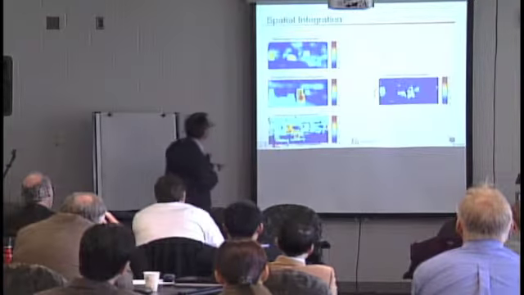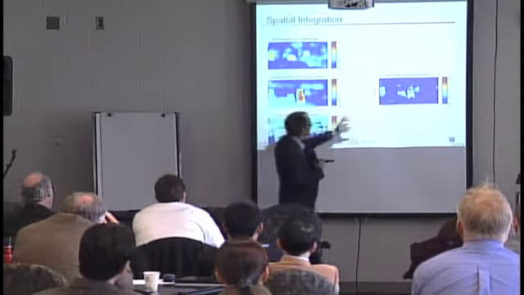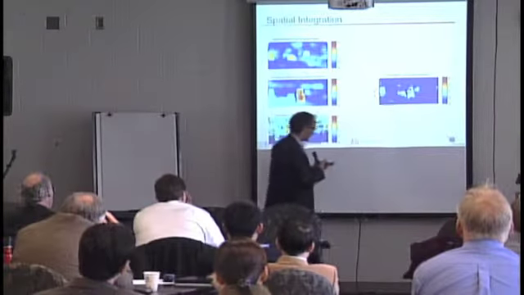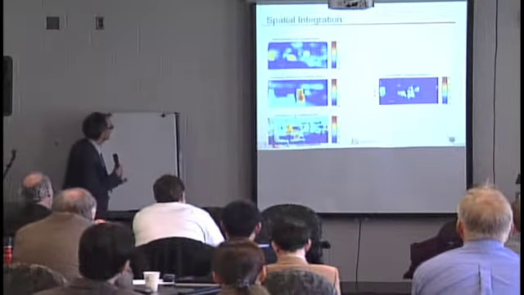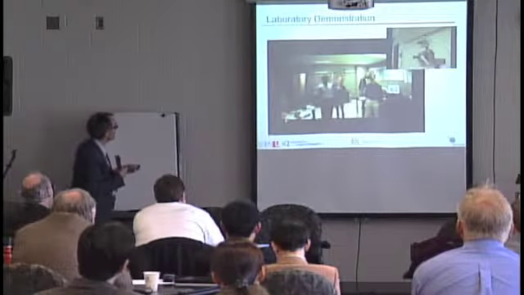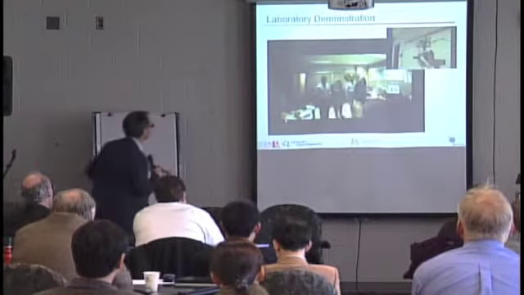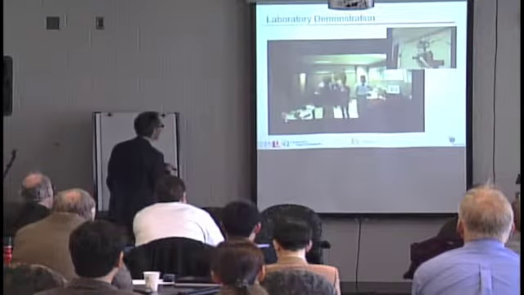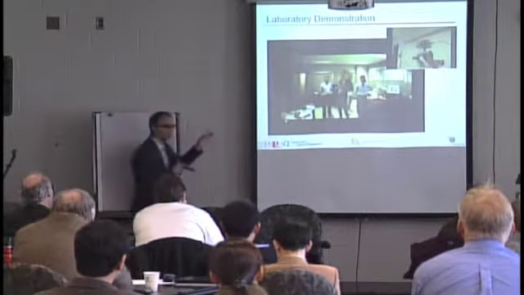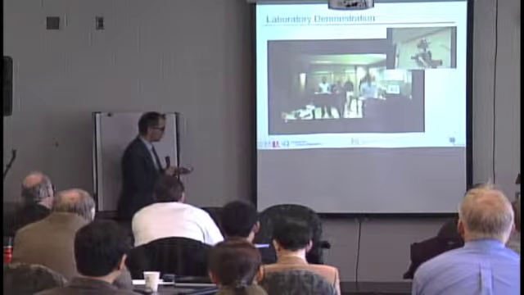Each of these is fairly weak, but when combined statistically, they provide a much more focused set of hypotheses of where people are in the scene. And this just shows a quick qualitative video of the system performing and fixating on people and then verifying the presence of a person and saccading to another person.